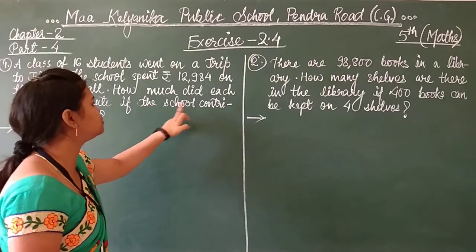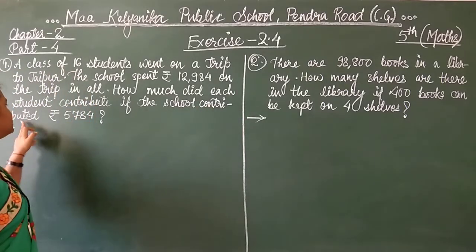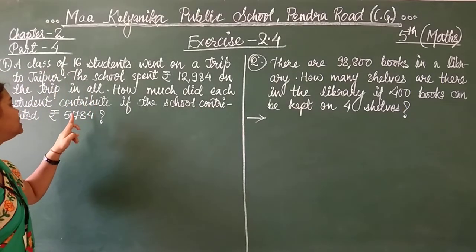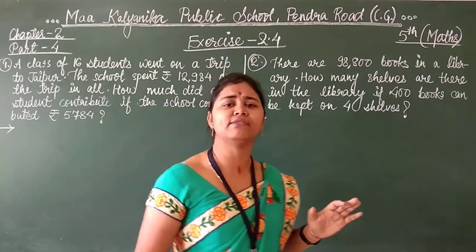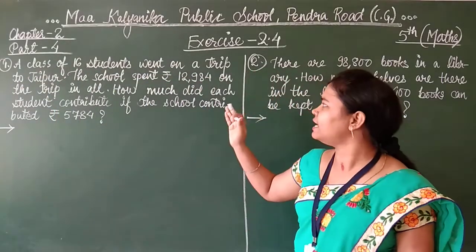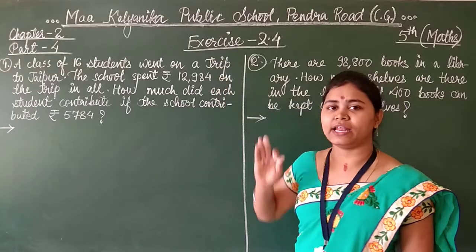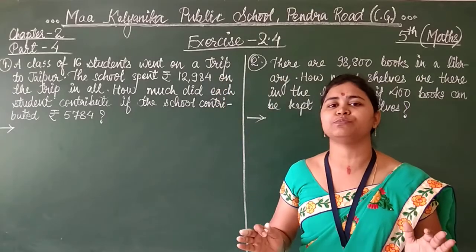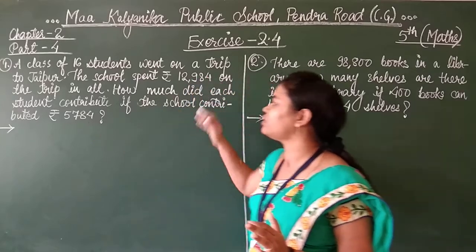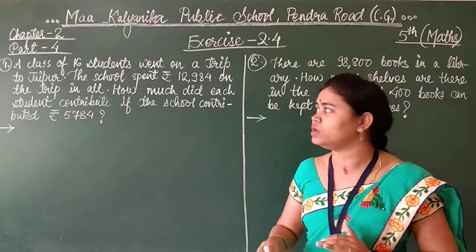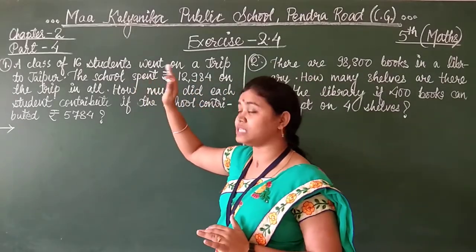If the school contributed rupees 5,784. So what things are given in this question, students? That 12,984 total amount was spent and 5,784 out of that was given by the school and total students were 16.